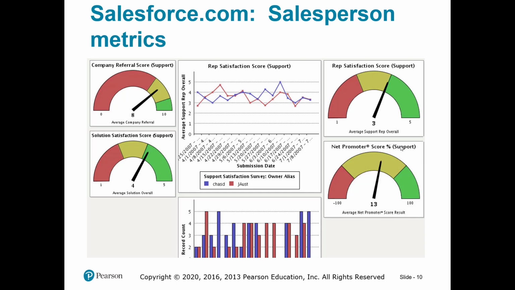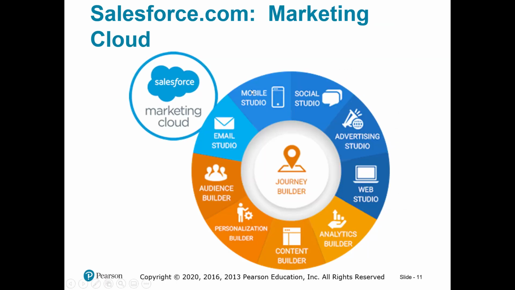The net promoter score is just the difference between the positive and the negative. If it's 100, 100% of people would recommend you. If it's negative 100, 100% of people would not recommend you.